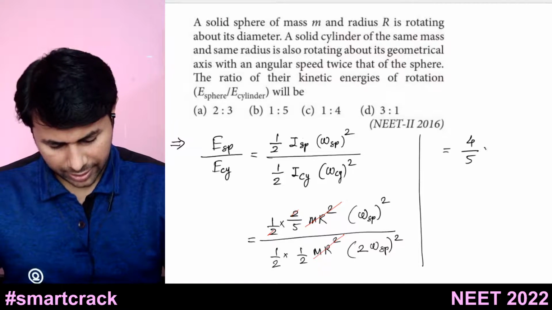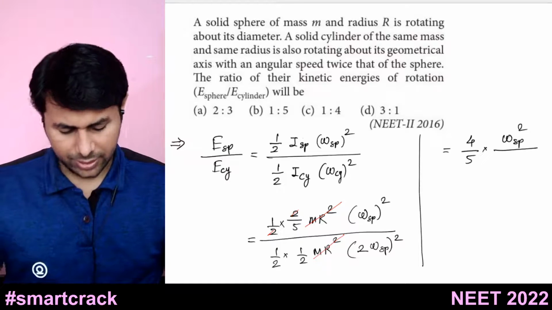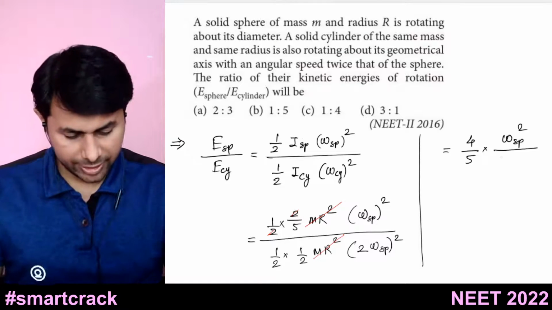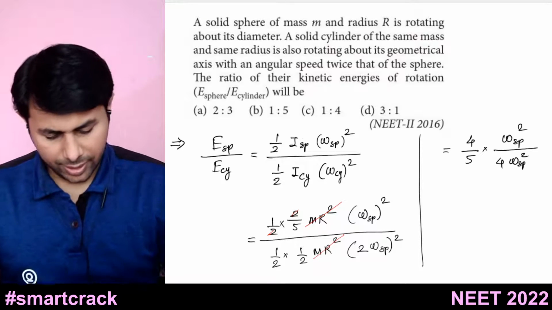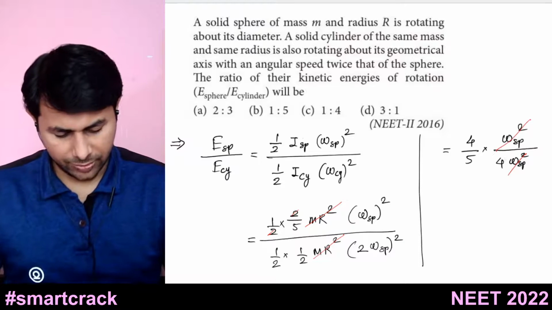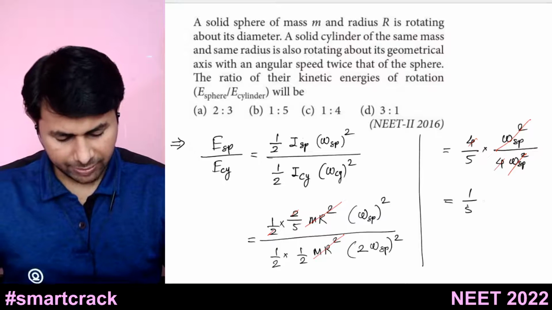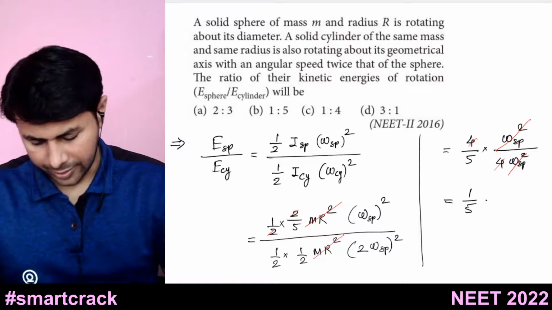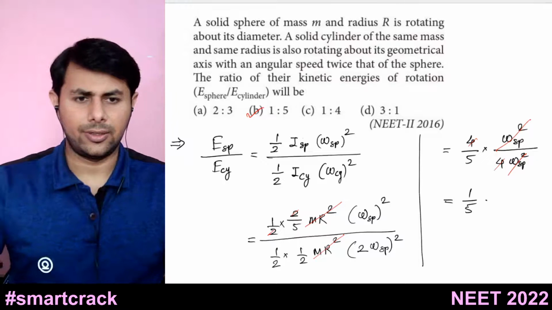Here we have omega sphere square divided by square of 2 times omega sphere, which will be 4 times omega sphere square. So this also gets cancelled and this 4 gets cancelled. So our answer is 1 by 5. Option B is the answer.